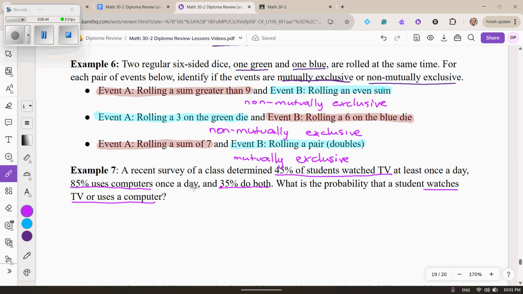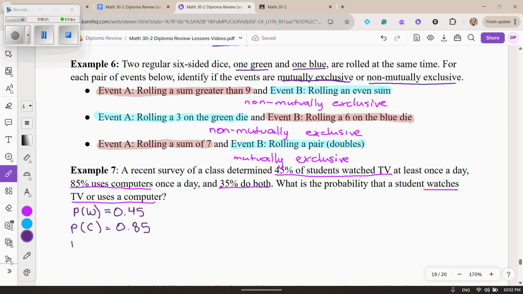So my suggestion when you're given a bunch of numbers like this is to start putting them into symbols. I know that the probability that a student watches TV is going to be 0.45. The reason I have changed it to decimals is these formulas only work with decimals. The probability that they use the computer at least once a day is 0.85.